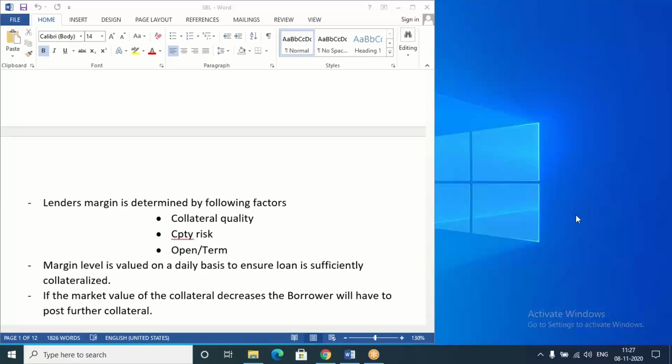So the total collateral value the borrower has to post is 1.2 million dollars. And let's say he's planning to give shares as collateral, and the current spot price of each share in the market is $12. So in terms of the number of shares he has to give as collateral, how much will it be?